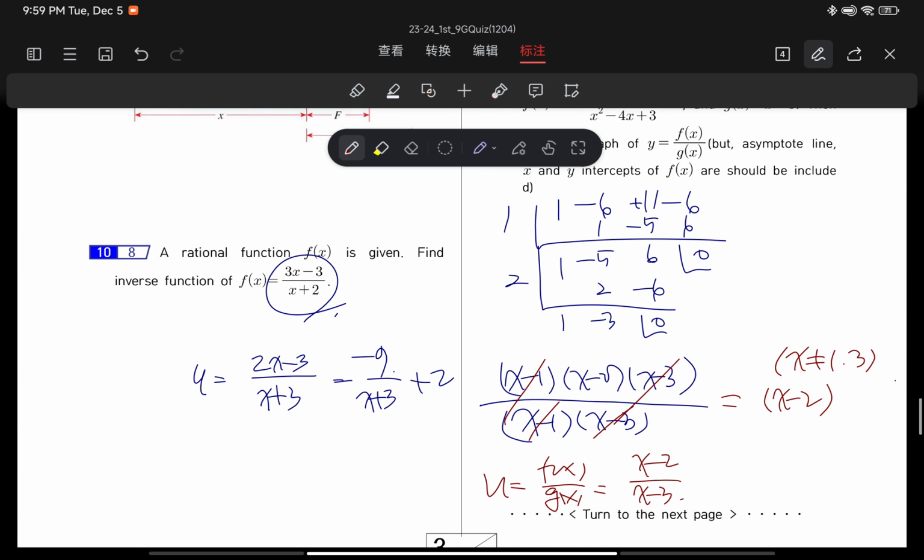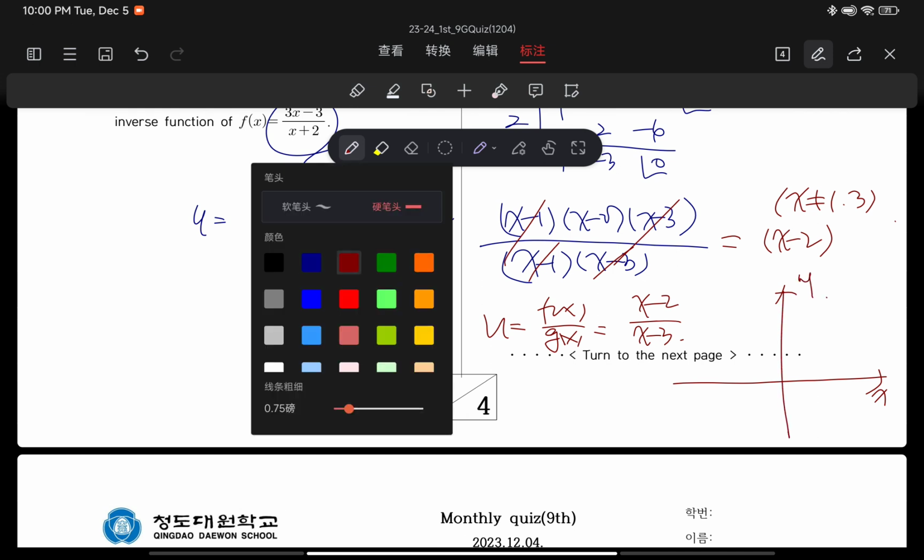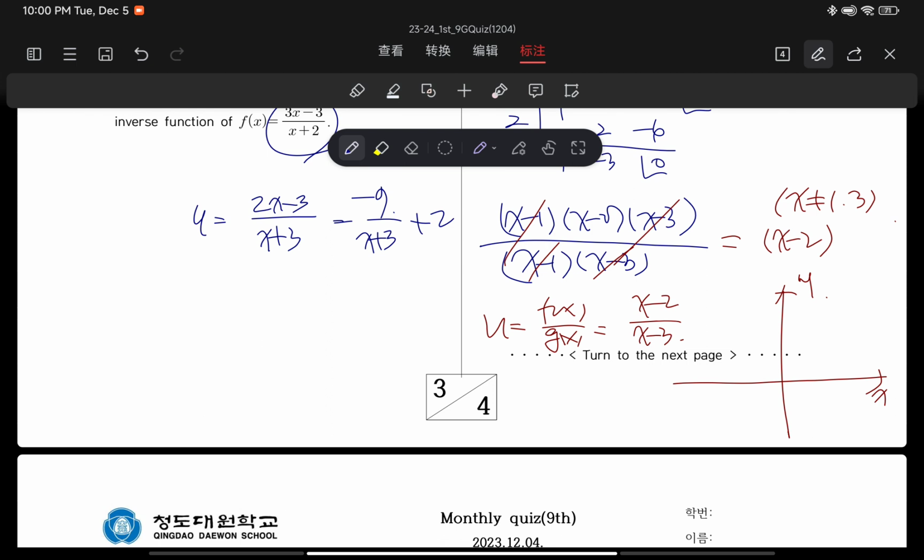So here is x and here is y. This also the x minus 3, x minus 3 plus 1 and plus 1.